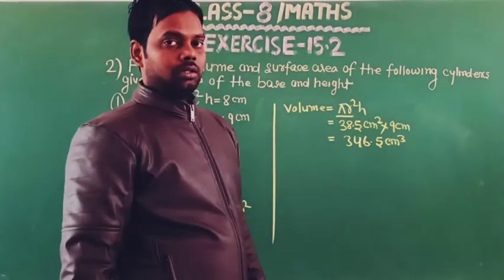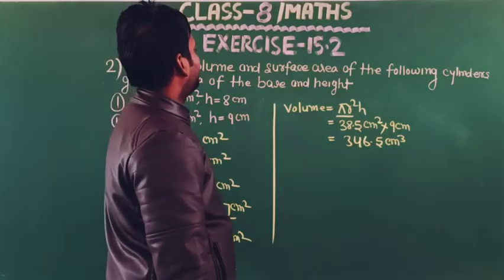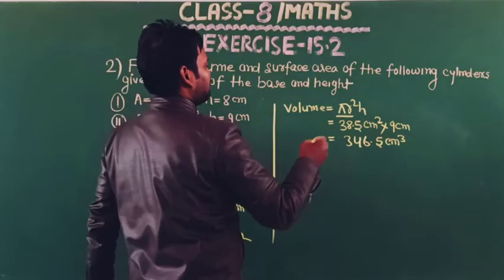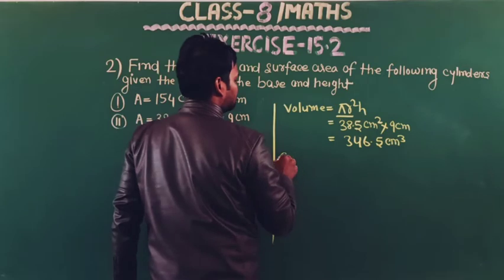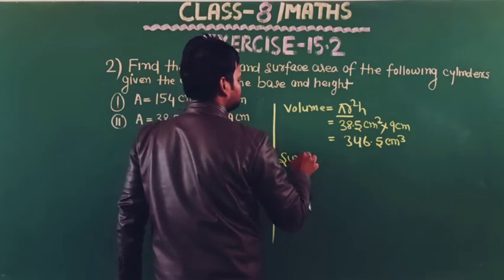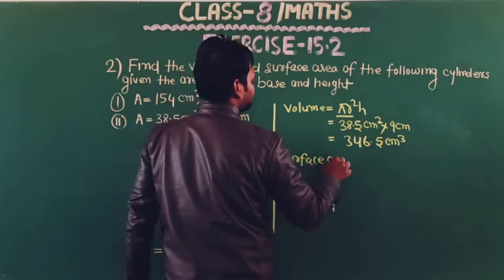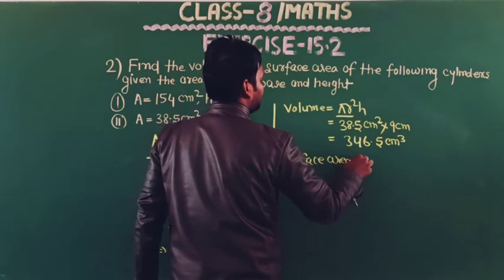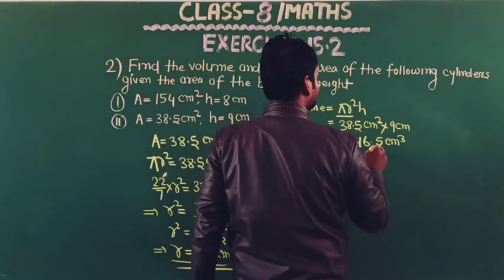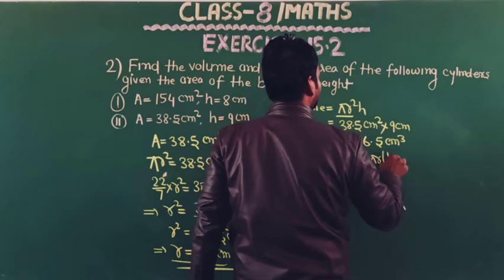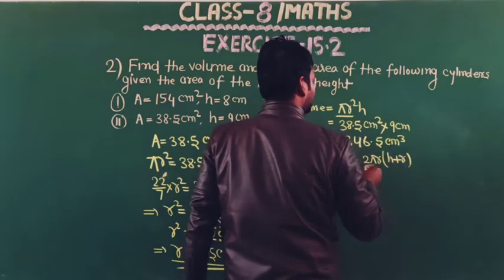We also have to find the surface area of the cylinder. Surface area of the cylinder equals 2 pi r (h plus r).